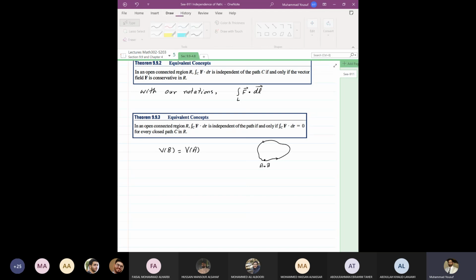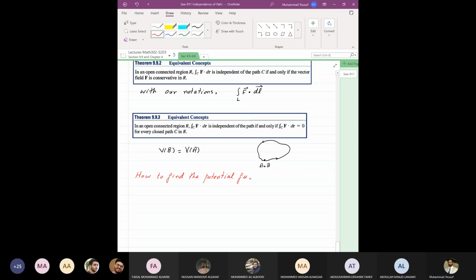But then the question is how to find the potential function phi. So the next thing is how to find the potential function V of x, y in 2D and x, y, z in 3D.